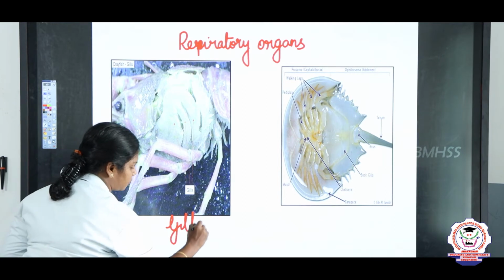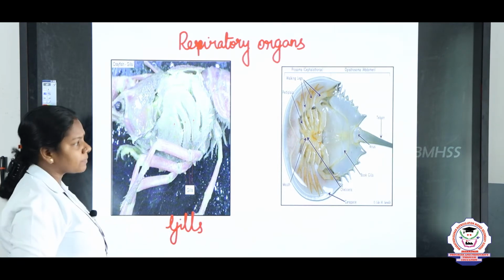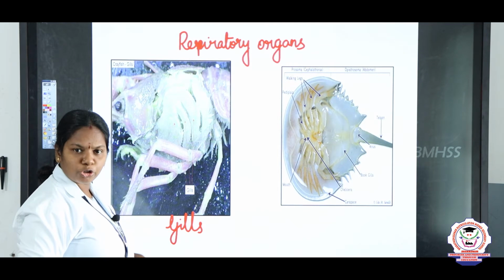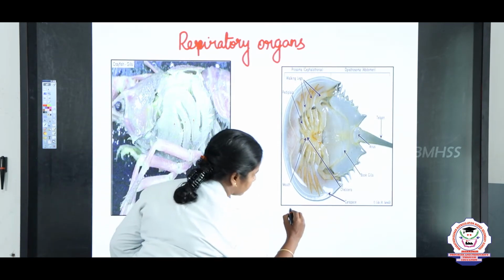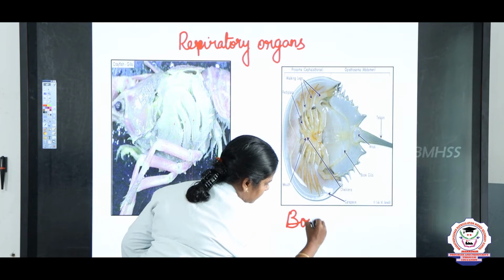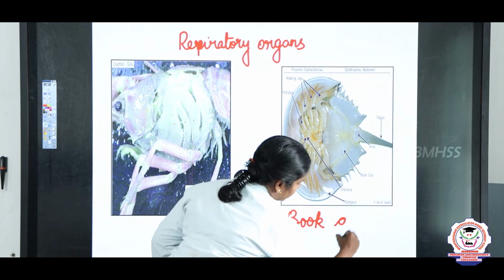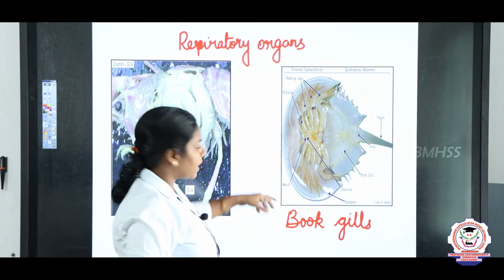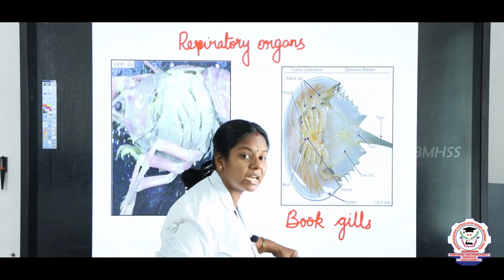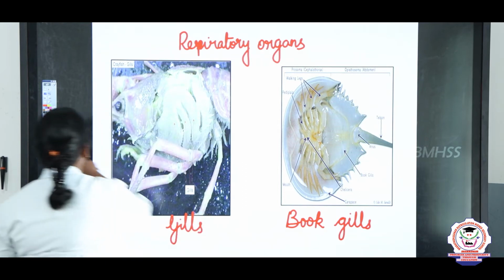Some insects may respire with the help of gills, and some arthropods respire with the help of the book gills. Book gills. It is a king crab, children. King crab, and it possesses the book gills for respiration.